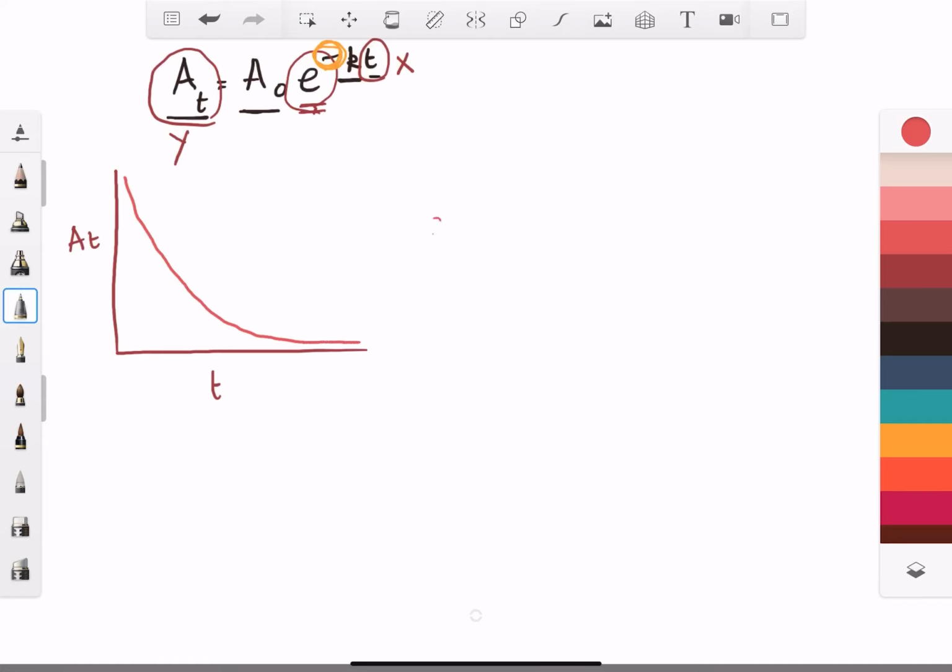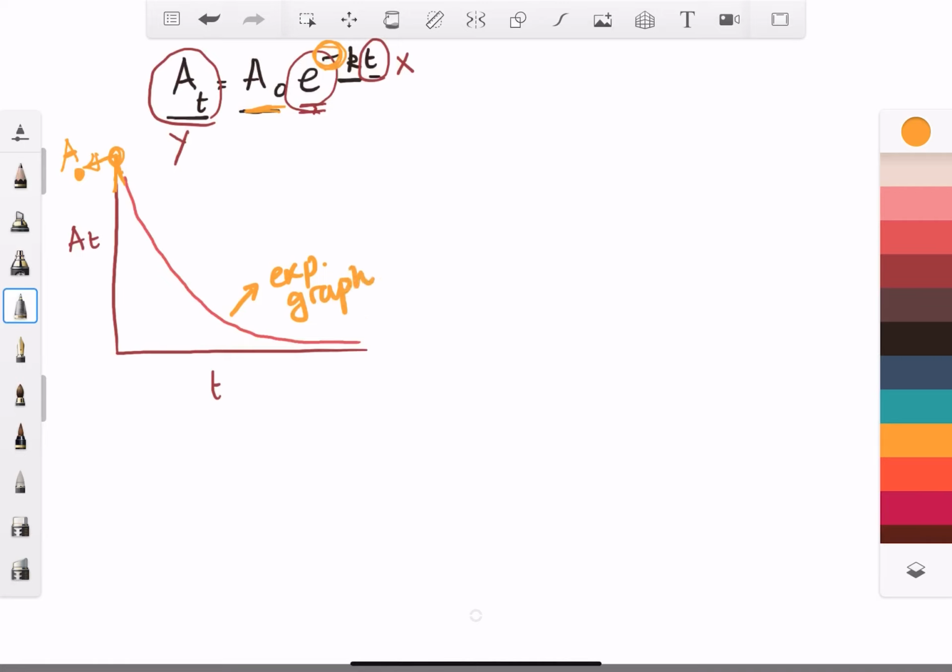Okay. So it will be exponentially decreasing, and either you'll have it at time equals 0, or by extrapolation you will have what we call the y-intercept, which will be equal to A naught, and we can't use the slope here because we have an exponential graph.